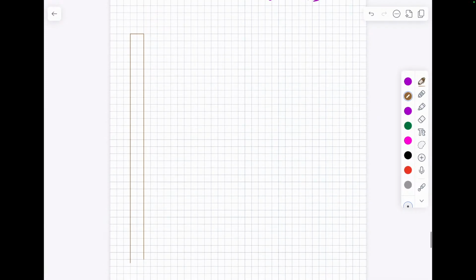So we don't know how high this building is. Now there are two ways to figure out how high this building is, depending on whether you're on the top of the building or the bottom, and a certain situation has to exist. So how would I find the height of the building?